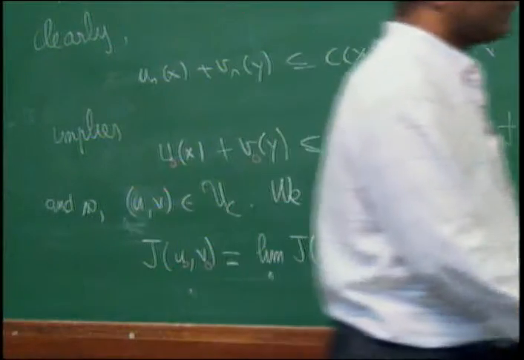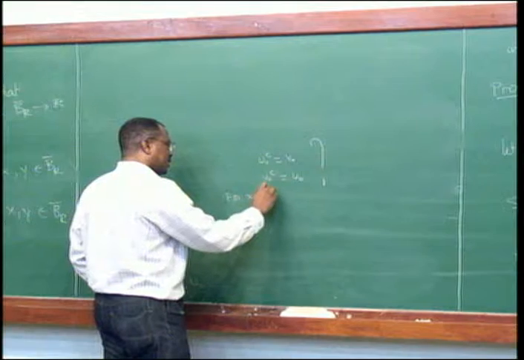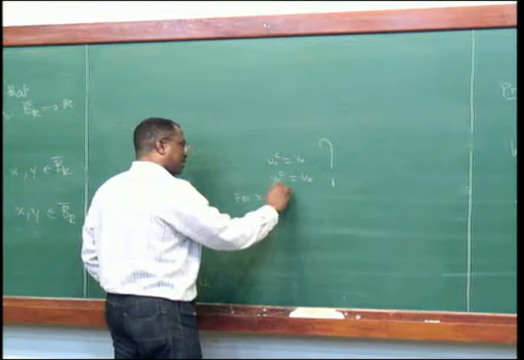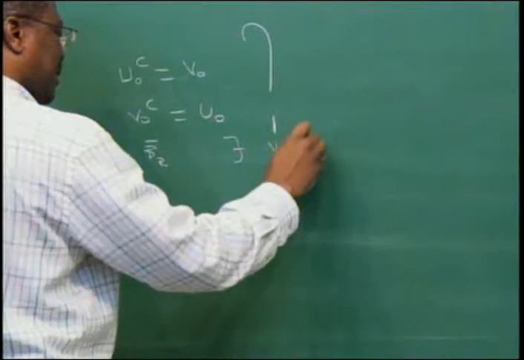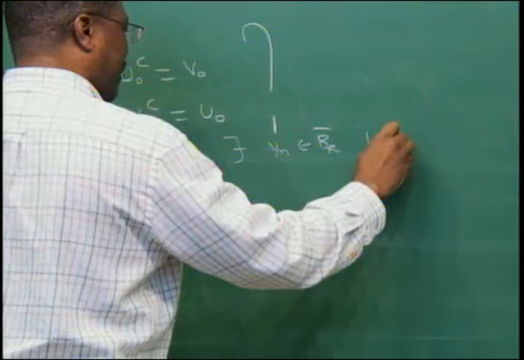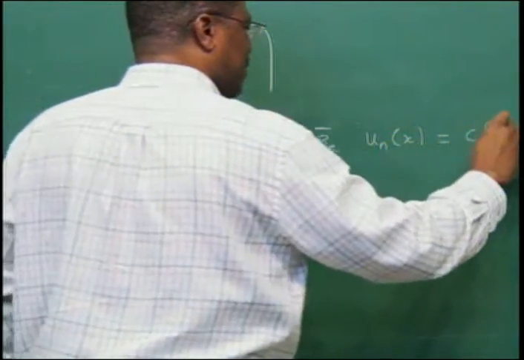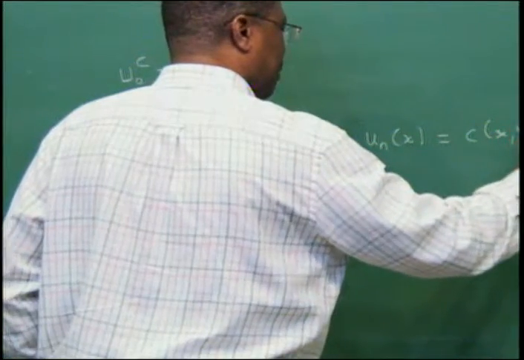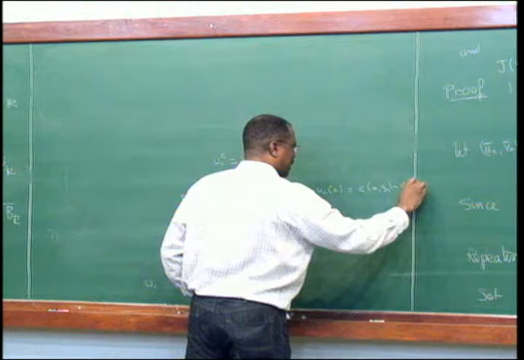However, for each x in the closed ball B_R, there exists yn in the closed ball such that Un of x equals c of x, yn minus Vn of yn.